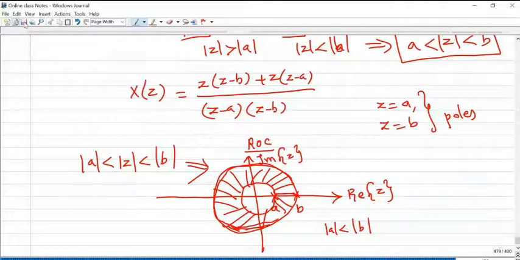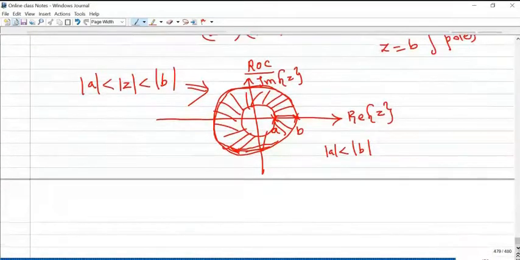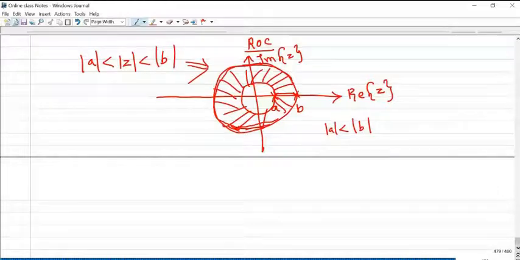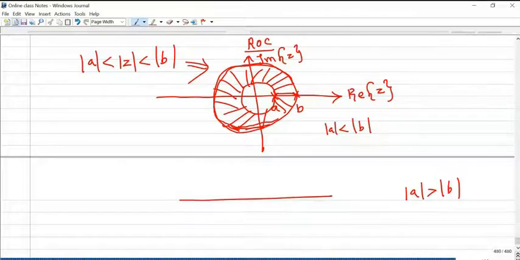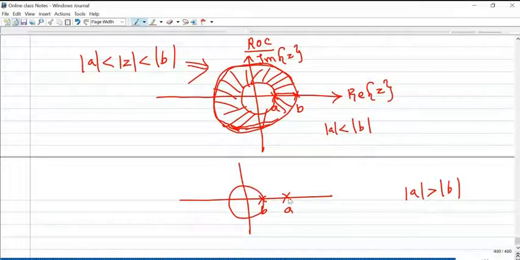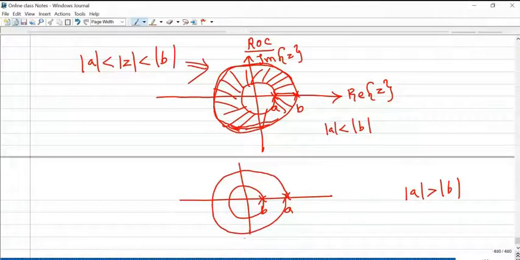Okay, because problems are in general format. Suppose a greater than b if you are assuming, b and then a. Draw a circle. Now we have to satisfy the condition Z is greater than a.